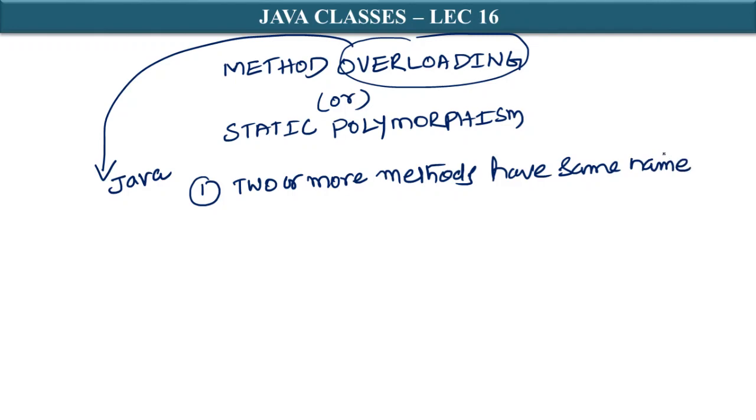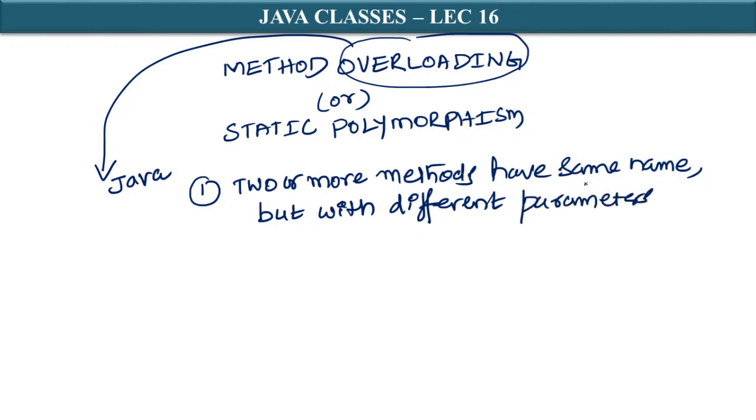We will try to demonstrate with a simple program. For the time being, just understand, in method overloading, two or more methods have the same name but with different parameters. That you must understand. Parameters, I can say arguments.